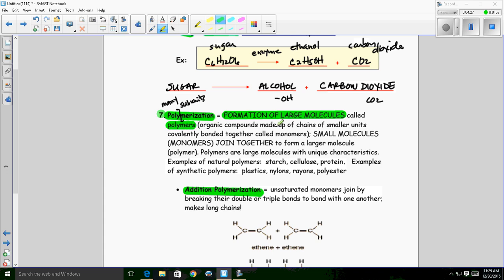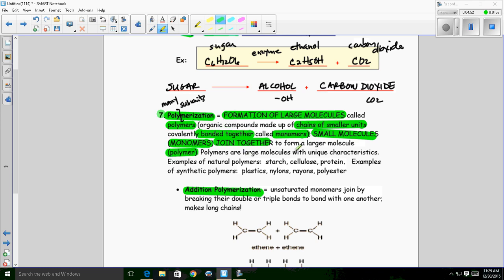These are organic compounds made up of chains of smaller units, covalently bonded together. These are called monomers: small molecules that are joined together to form a larger molecule, a larger polymer.